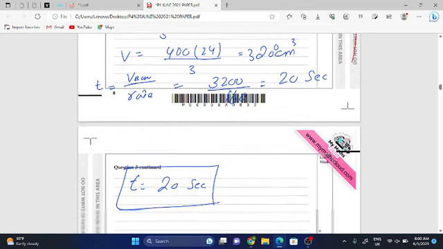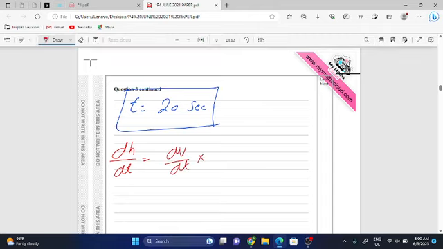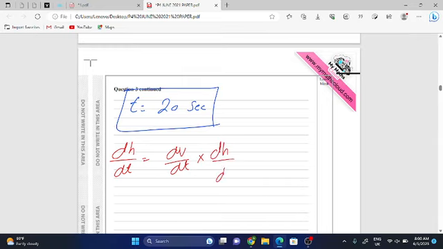So I can use the chain rule over here. dh by dt can be written as dv by dt times dh by dv.